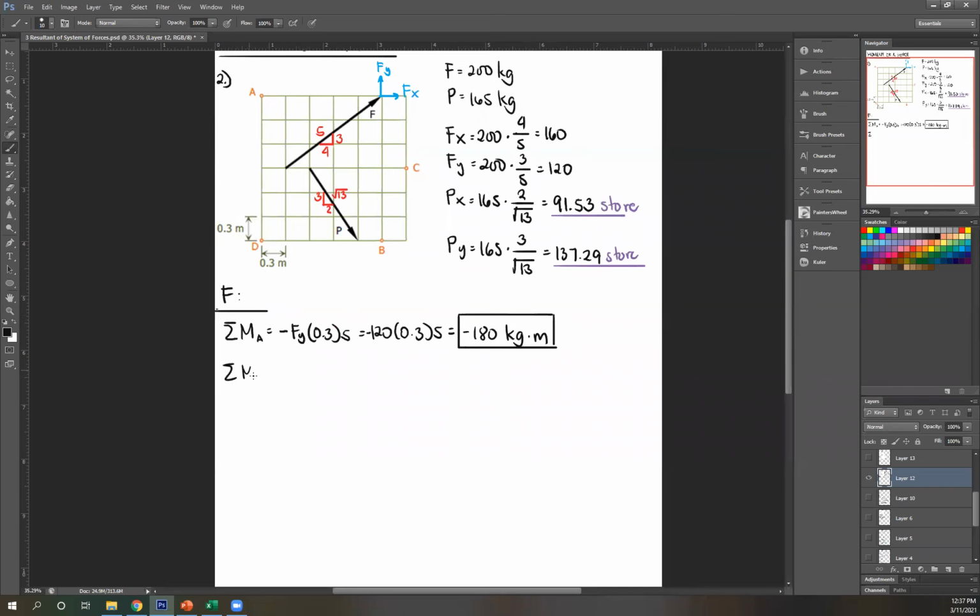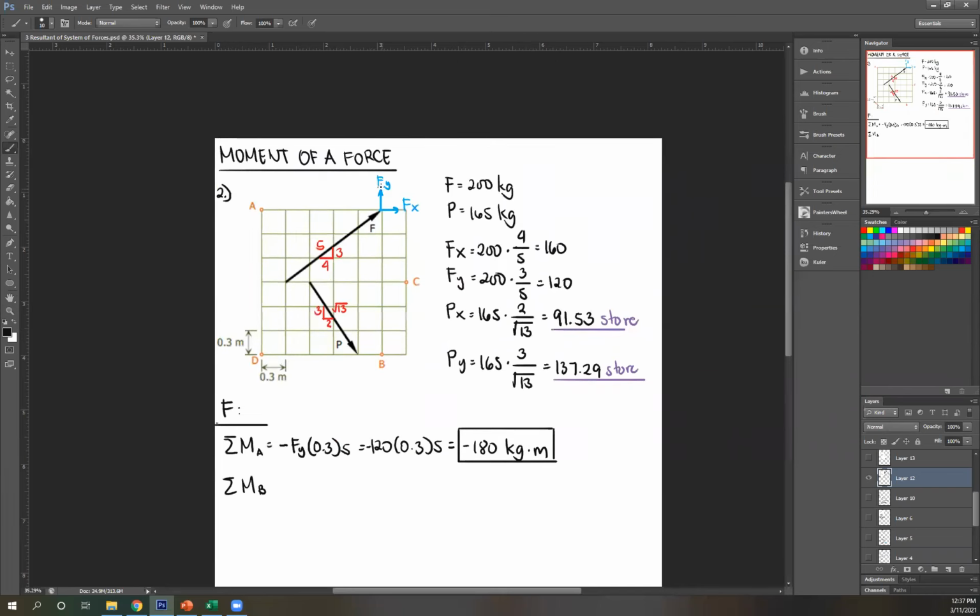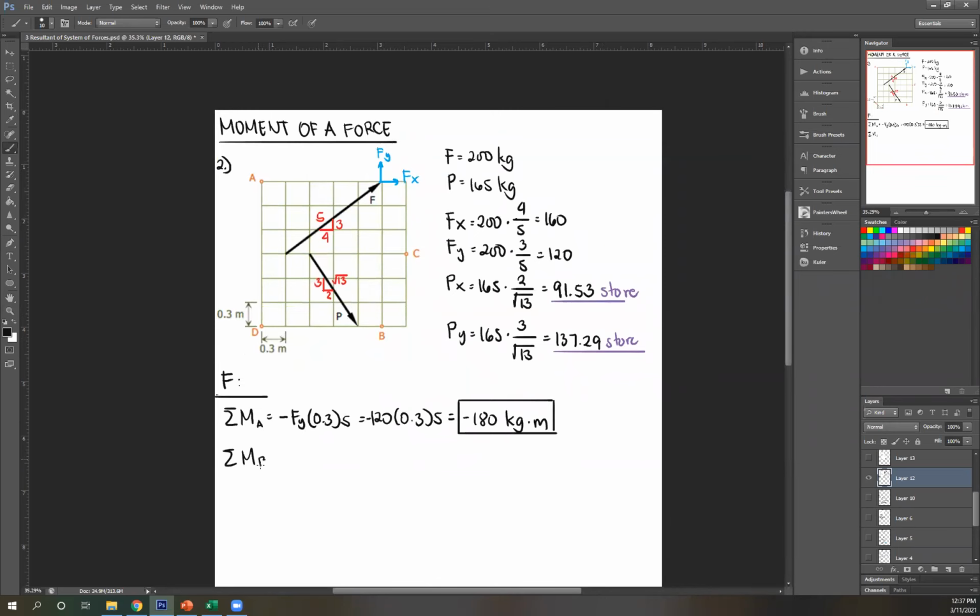And then summation of moment at B. Let's look, where's B? So I'm going to keep it here because Fy passes through B, so Fy cancels out. All I'm going to consider now is Fx. So rotate Fx about B. That is clockwise, therefore that's positive Fx. Then for distance, just count how many blocks: 1, 2, 3, 4, 5, 6, times 6.